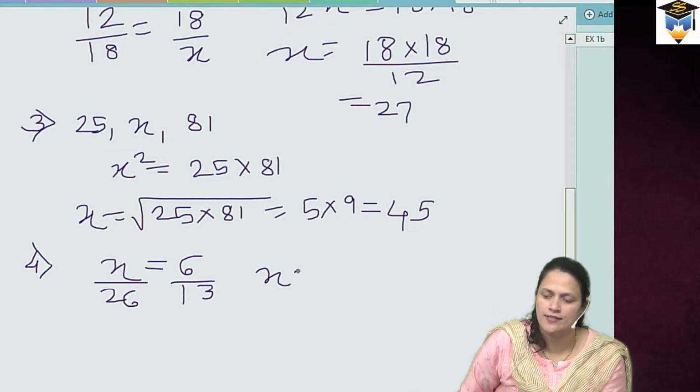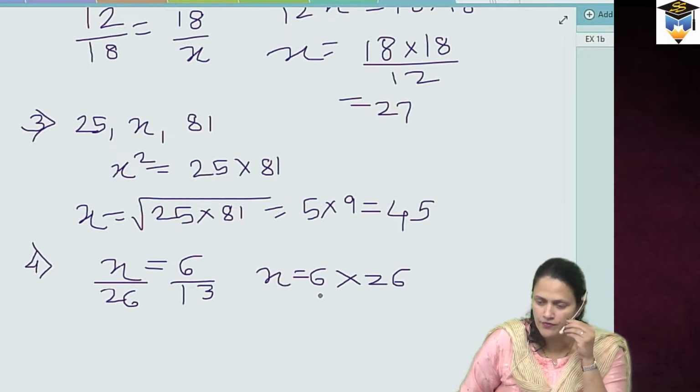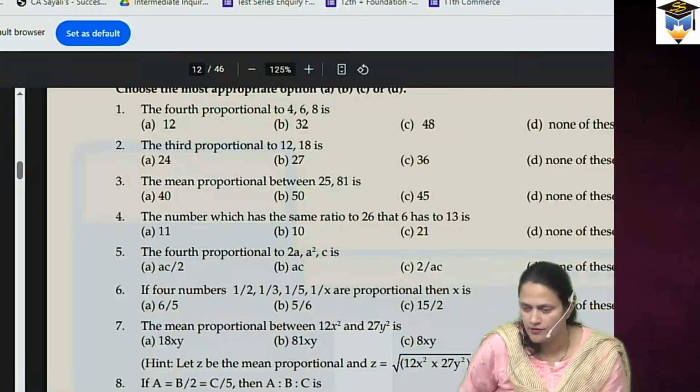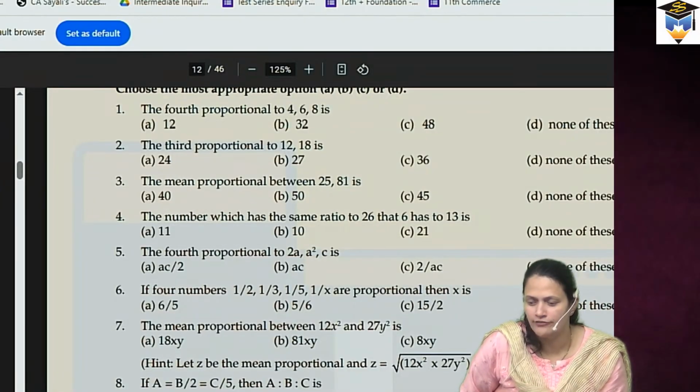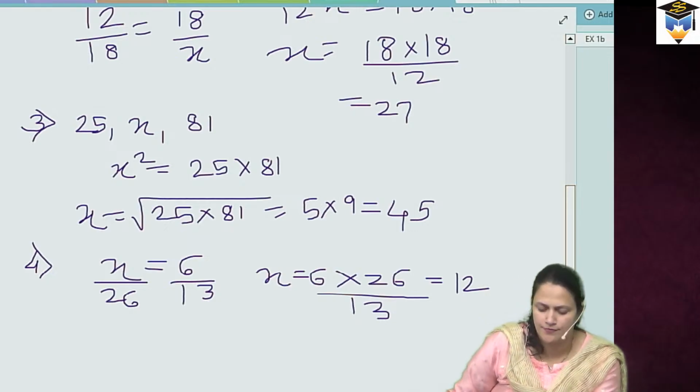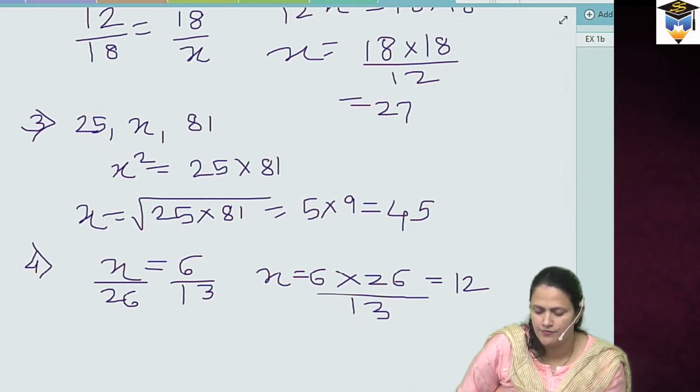So the value of x is 6 multiplied by 26 upon 13. Value of x is 12. Option D, none of these, for the fourth sum.